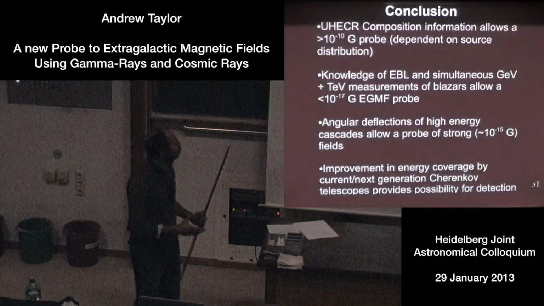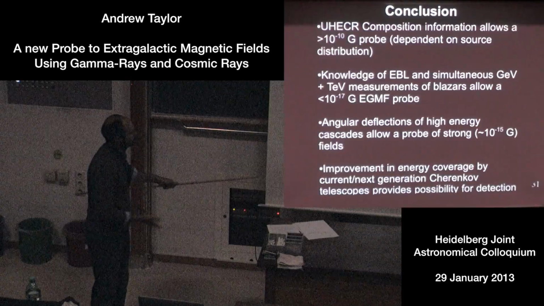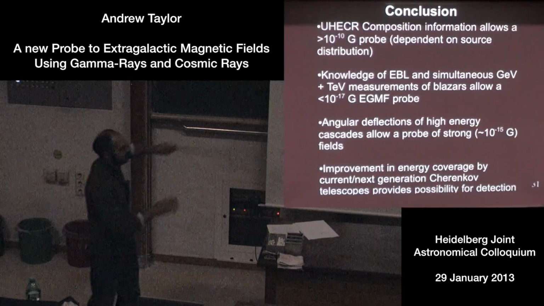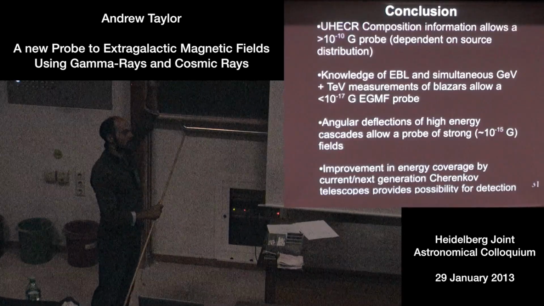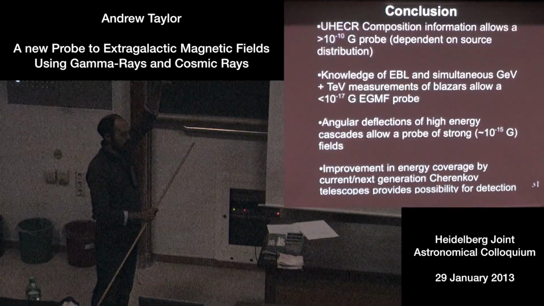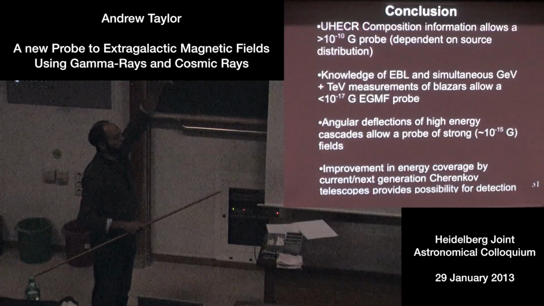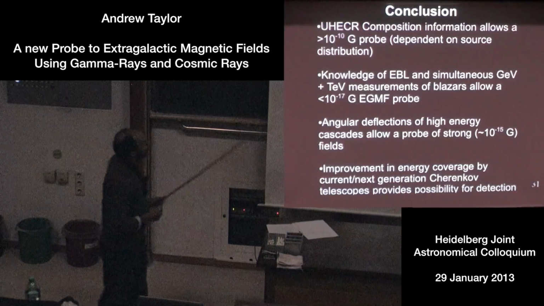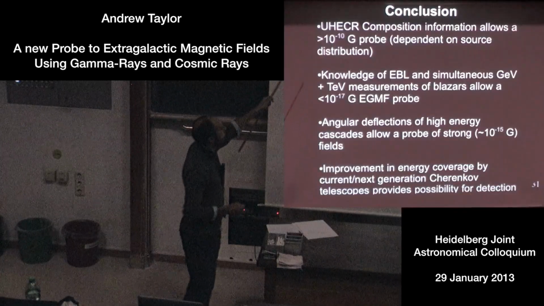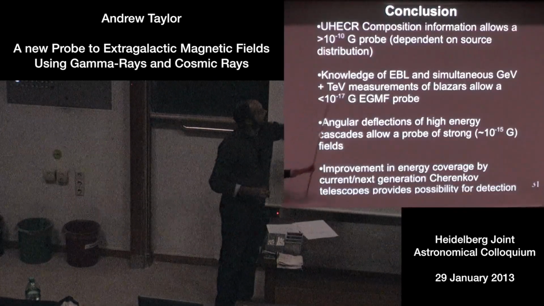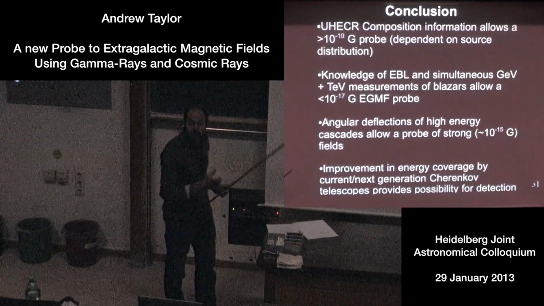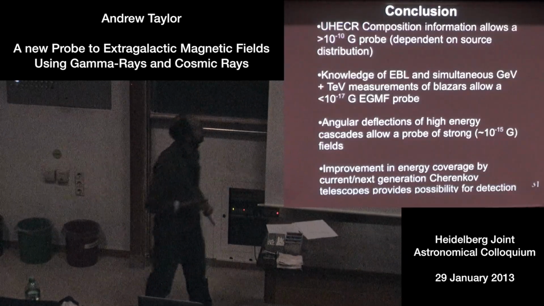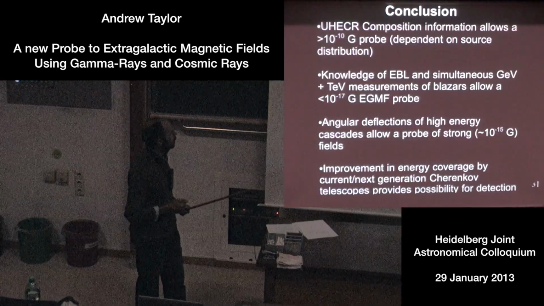Okay, so these are the points that I've just gone through. That ultrahigh-energy cosmic rays essentially can probe the strongest part of the allowed range of extragalactic magnetic field strengths. That because we know the EBL quite well, and we've got simultaneous observations in GeV and TeV of our blazars, we can probe and exclude 10 to the minus 17 Gauss fields.